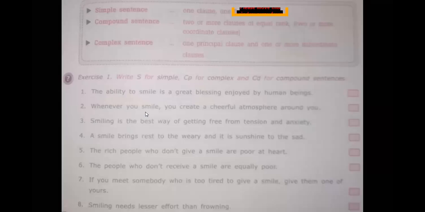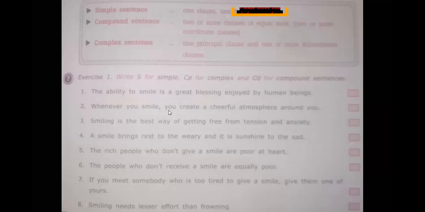Whenever you smile, you create a cheerful atmosphere around you. So here you need to see how many finite verbs there are. Smile is a finite verb, and then again, create is also a finite verb. This smile is done by you and this create is also done by you. These have different subjects.